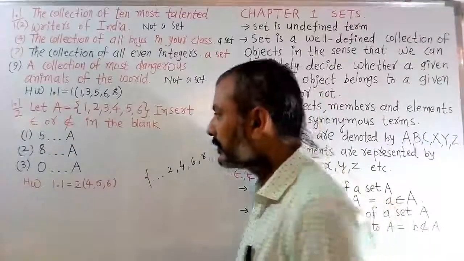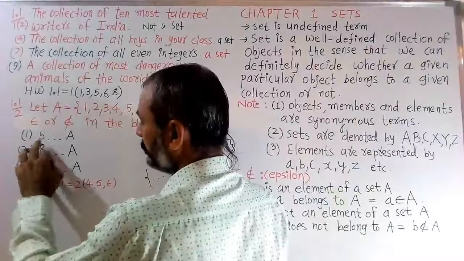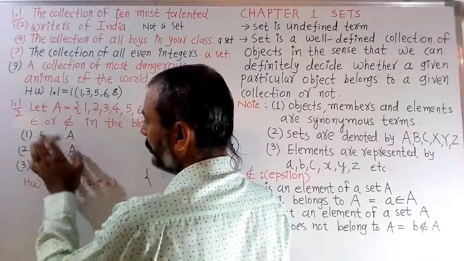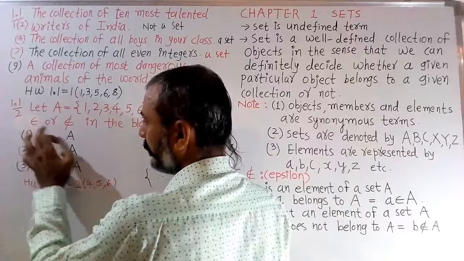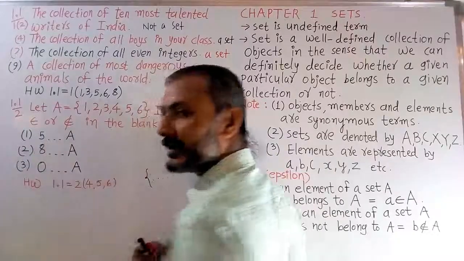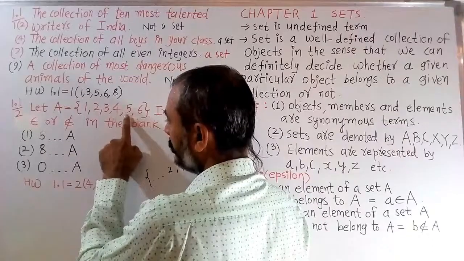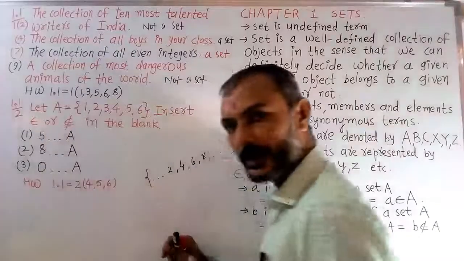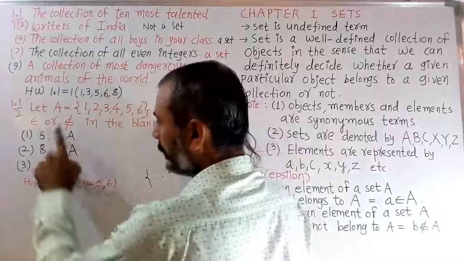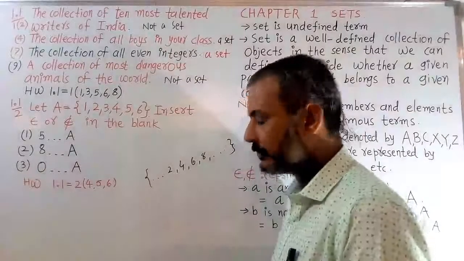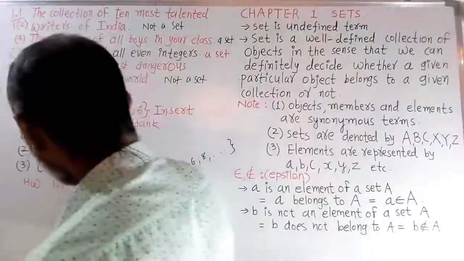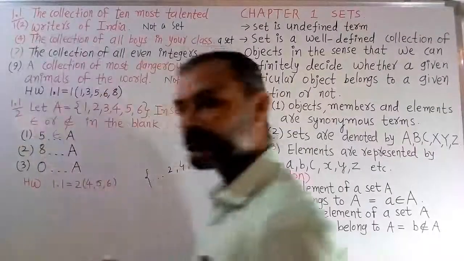So 5 blank capital A. We have to put the proper symbol here. Now 5 is in the collection, so 5 is a member of capital A. So what do we write here? We write belongs to.